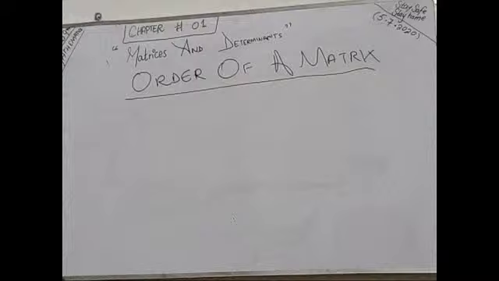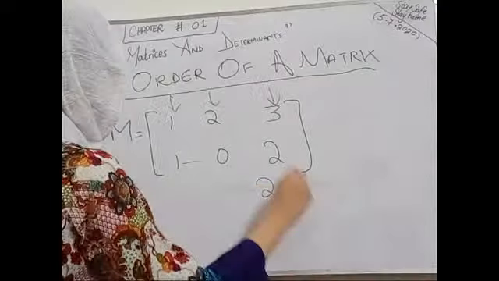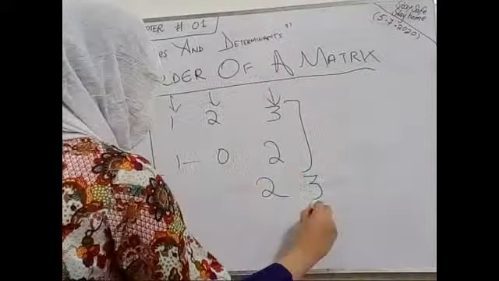So it has 2 rows. And how many columns? Vertical entries does it have? 1, 2, and 3. 3 columns. 2 by 3 is the order of this matrix.